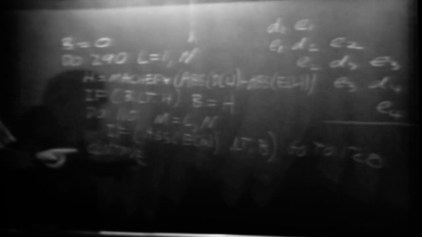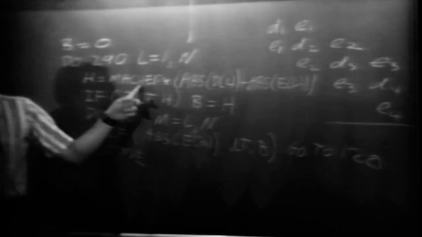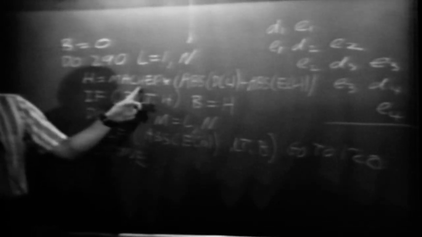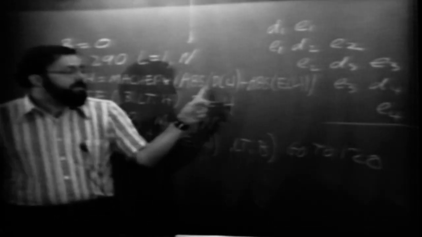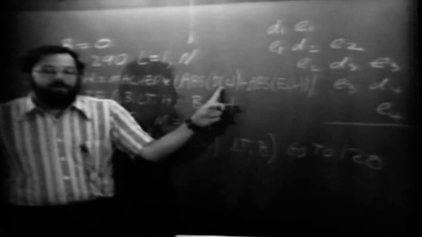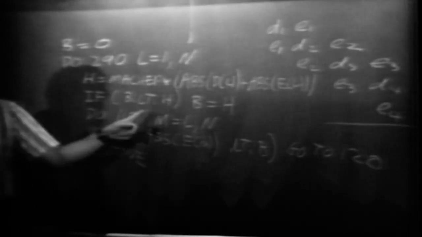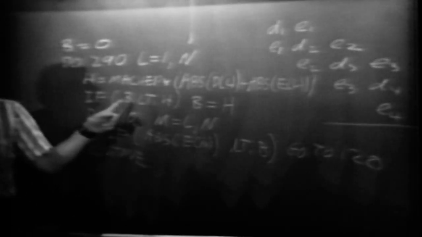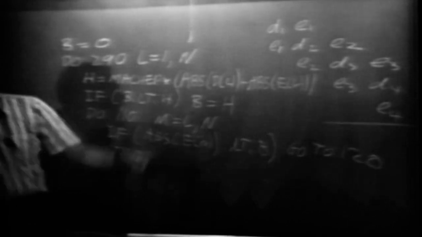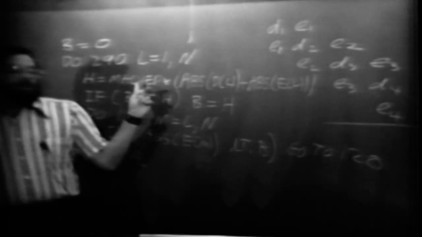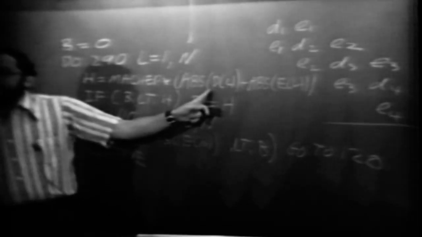So in order to decide what negligible means, we compute this quantity H, which is the machine accuracy parameter, 10 to the minus 16th on the 360 essentially, times, now not the whole matrix, but just the current diagonal and subdiagonal elements. And then we compare that H with what we've been using so far. Of course, on the first step, we haven't been using anything so far. And that's going to be our tolerance.